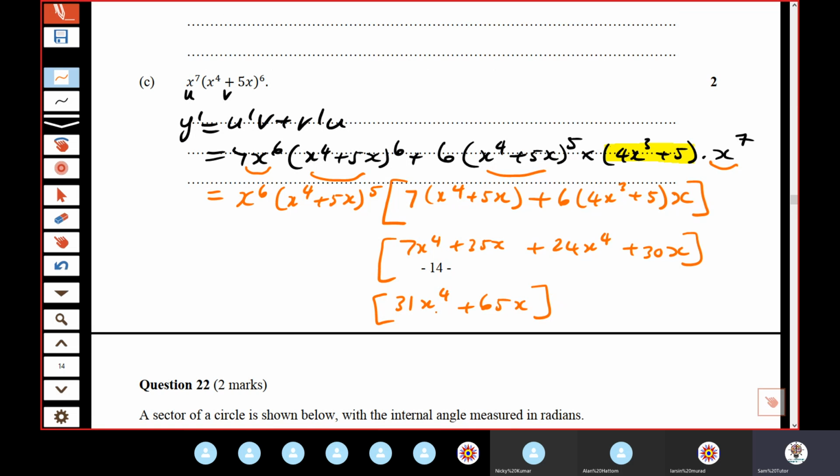Can you see how you can still factorize an x out? So the final answer is x to the 7, x to the 4 plus 5x to the power of 5, 31x cubed plus 65. You can still take out another x. So, really important question for you guys just to keep repeating over and over again.